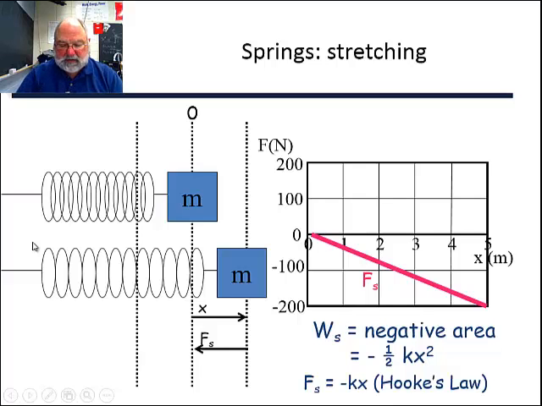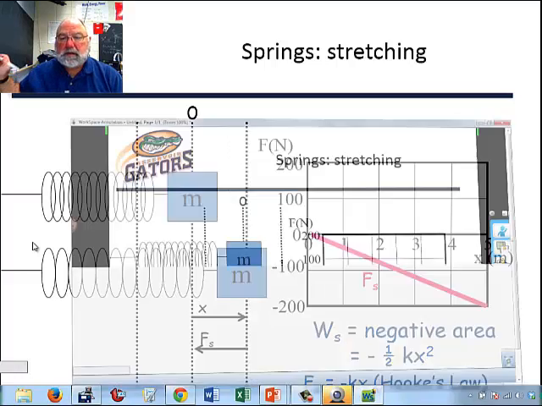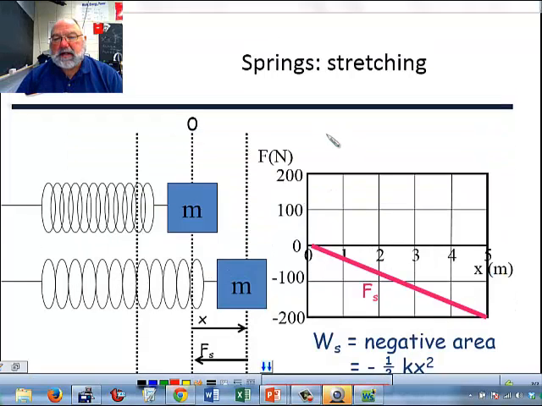If we write it out like the area of a triangle, work is equal to 1/2 the base, which is x, and the height, which is force, but Hooke's law says that the force is equal to minus kx.